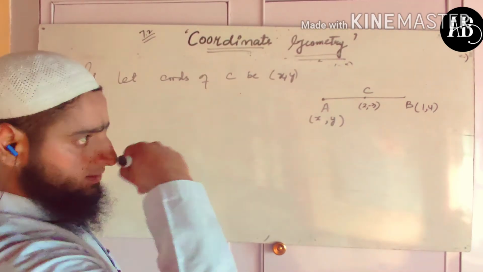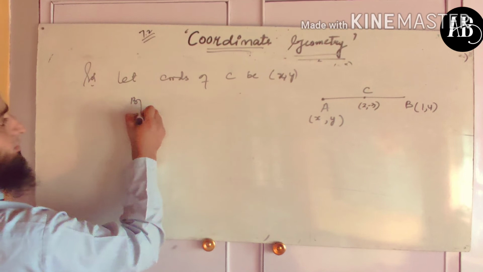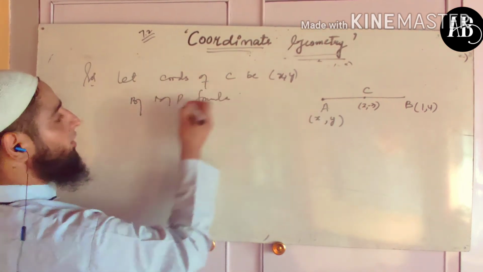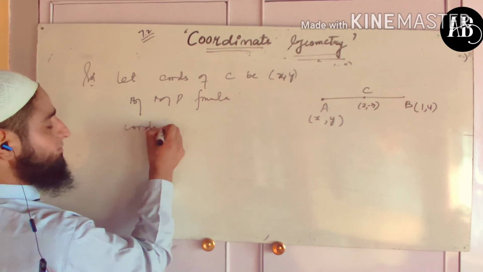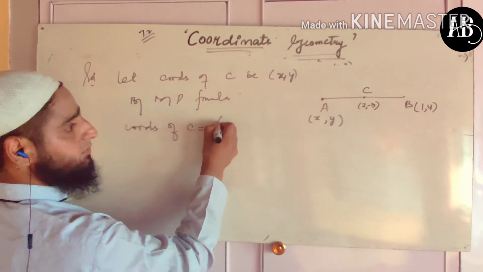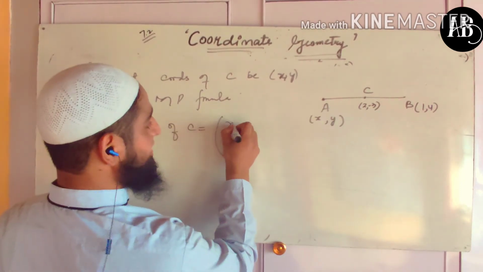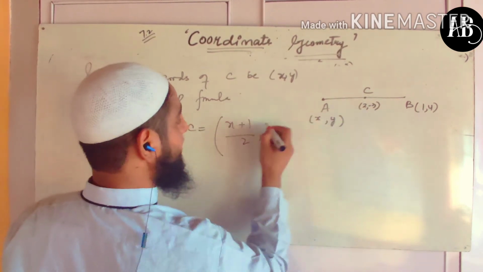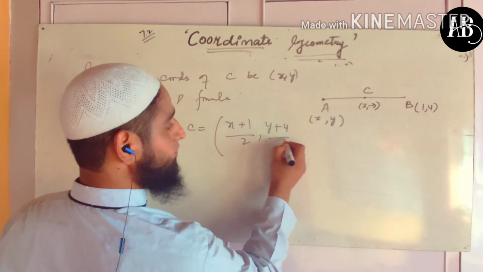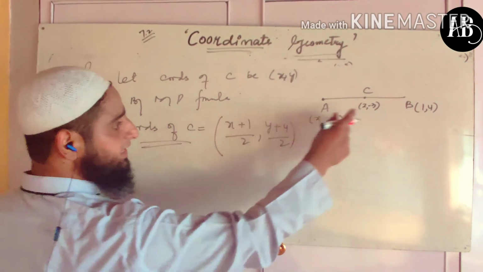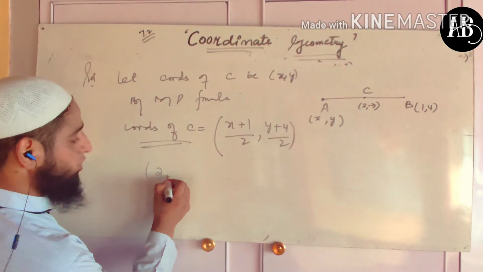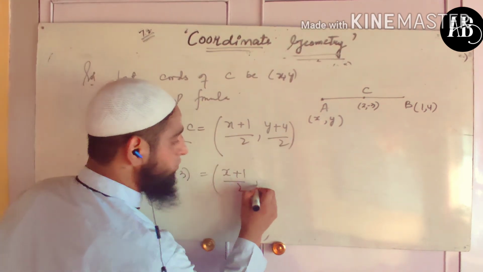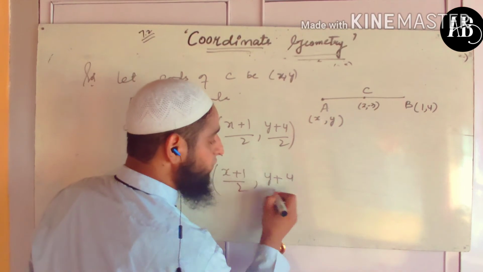Okay, by the midpoint formula, coordinates of C, what is it? Coordinates of C are ((x + 1)/2, (y + 4)/2). But coordinates of C are given. What is it? (2, -3) is equal to ((x + 1)/2, (y + 4)/2).